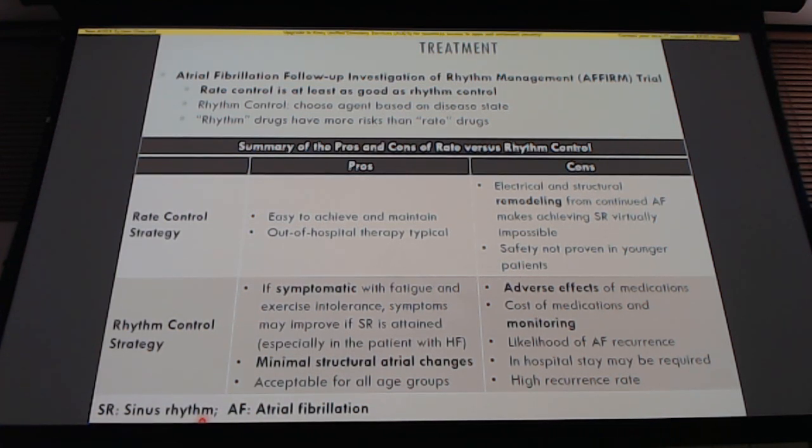So when you're looking at your rate control, a lot of these meds are typically easier for us to manage. They don't have as many side effects, and we're just controlling how fast, essentially, their heart is beating. The thing with this, though, is that you do see that remodeling that can occur. Okay, so that's one of the bad things.